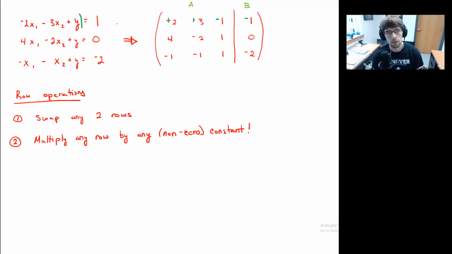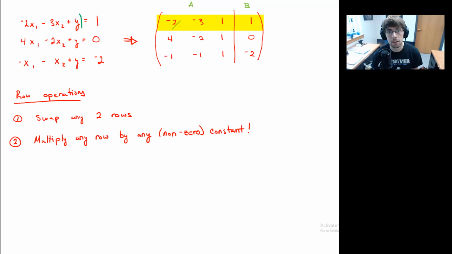And why stop there? For example, say that you don't want a -2, you would like a +1 in that 1, 1 element. Okay, all I have to do is multiply the first row by -1/2.